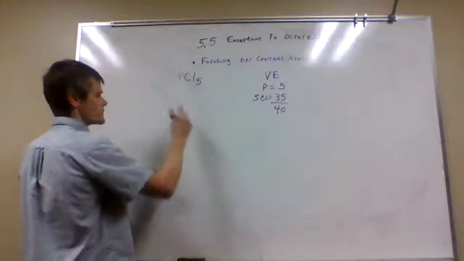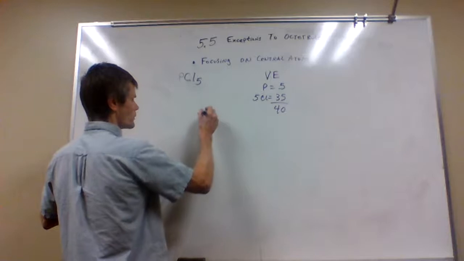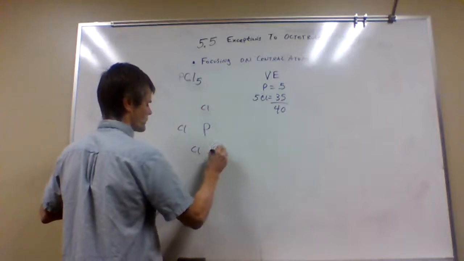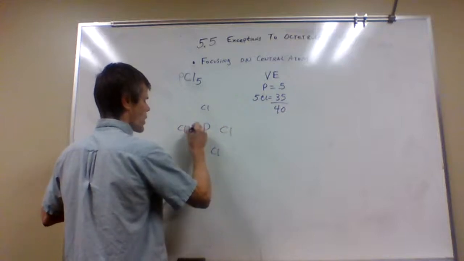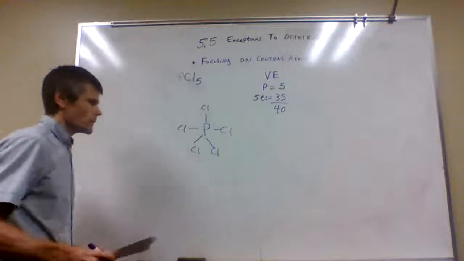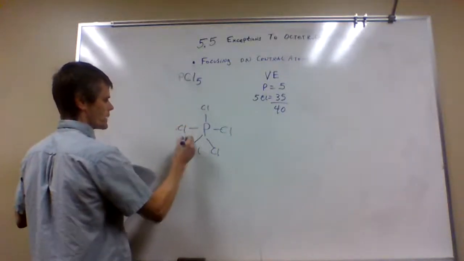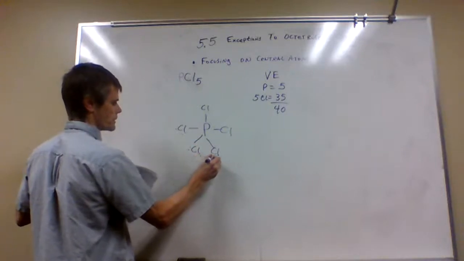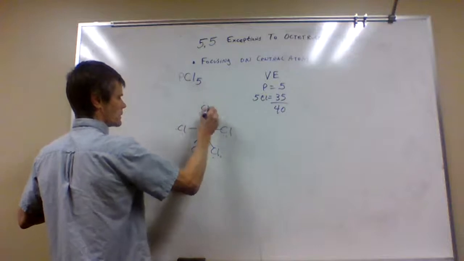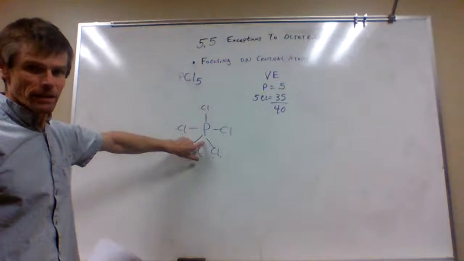Let's put our phosphorus in the center, and let's surround it with our 5 chlorines. We need bonding. And now we need to fulfill the octets of our surrounding chlorine atoms. And we should recognize that phosphorus has more than 8 electrons around it.